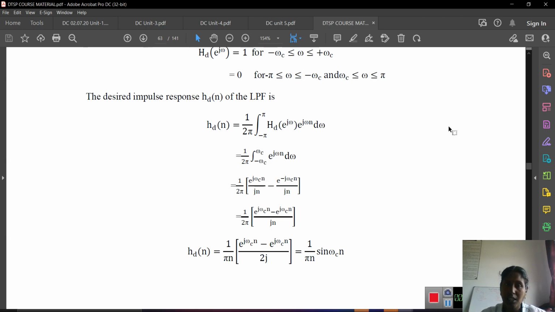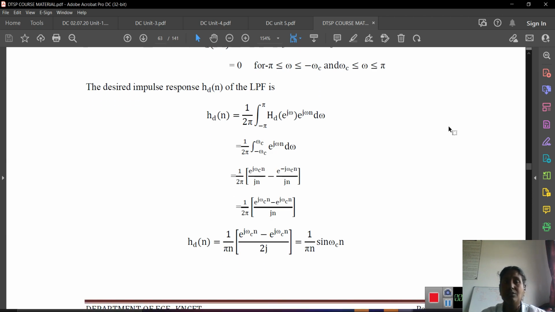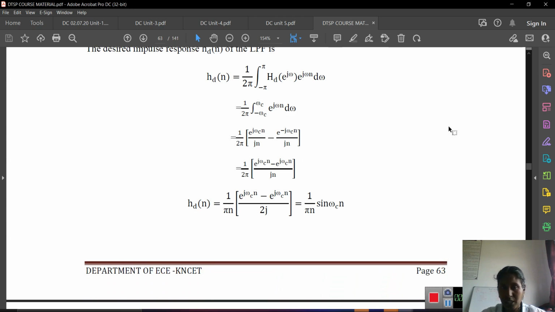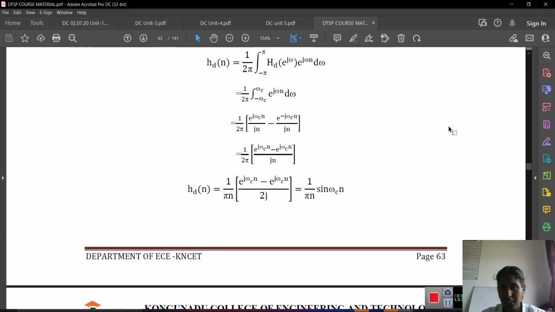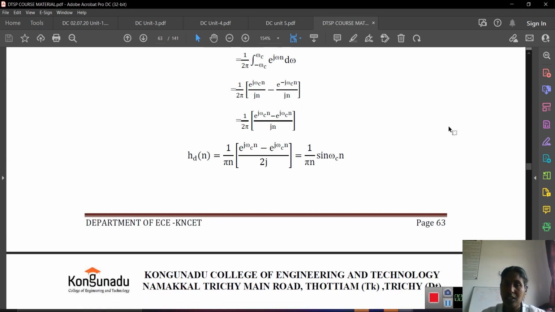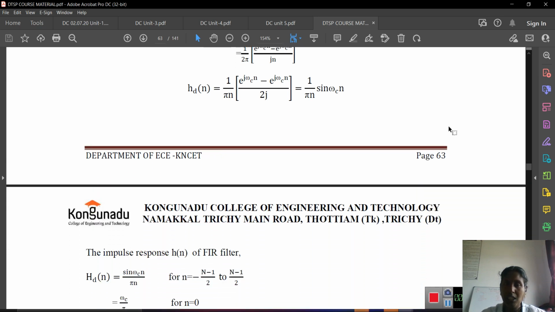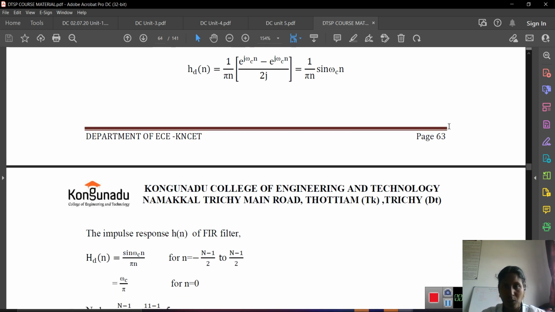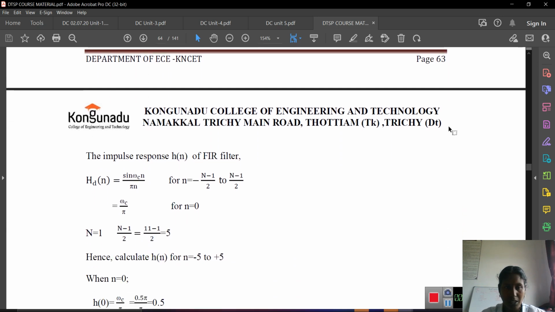Then the desired impulse response H_d(n), from the formula we can get it: H_d(n) equals 1 by 2π integral of H_d(e^jω) e^jωn dω. So the limits we have to apply are minus ω_c to plus ω_c of e^jωn dω, so we integrate the terms. Finally we get the result H_d(n) equals 1 by πn times (e^jω_c n minus e^-jω_c n) by 2j. Then it is converted to sin, so 1 by πn into sin ω_c n.